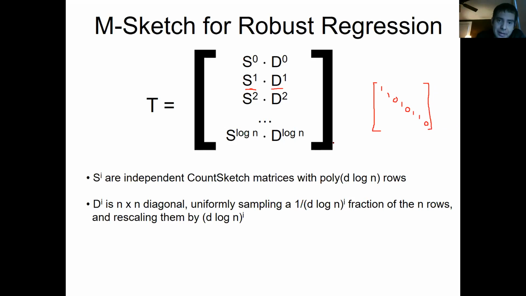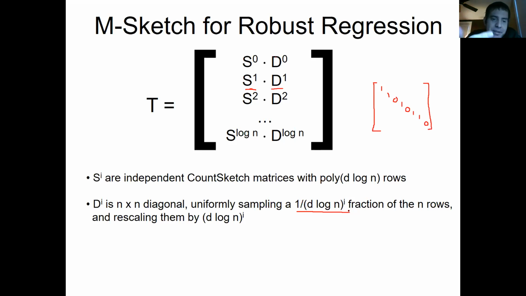D0 is the identity matrix; I don't zero out any coordinates. And D log n is the zero matrix; I zero out everything, and there's no reason to go any further. In general, Di retains roughly a 1 over d log n to the i fraction of coordinates. So you're more and more aggressively subsampling as you go down the blocks.